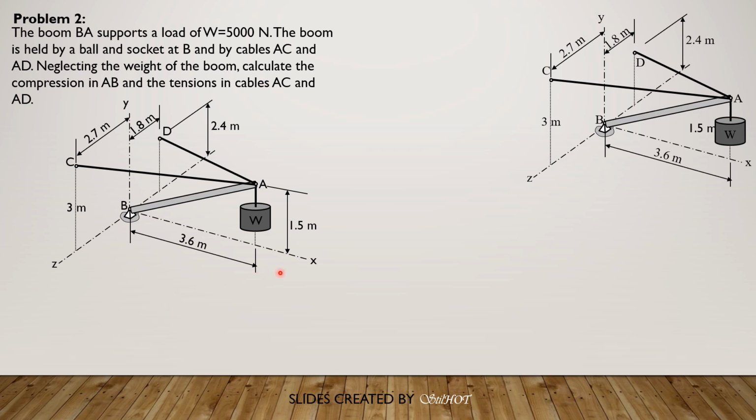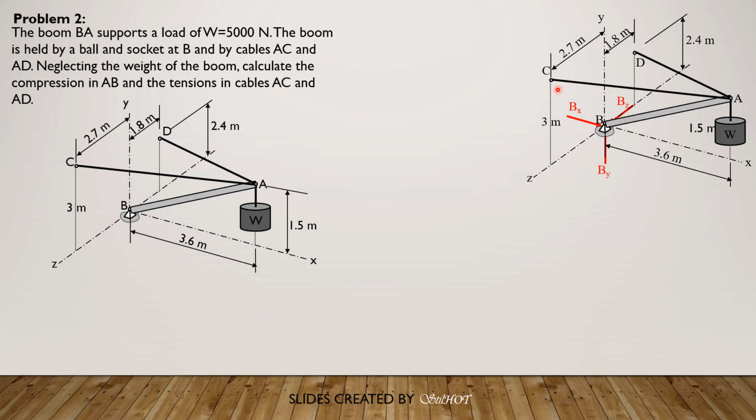So let's apply the reaction forces and the components of the tension especially. These are the components of the reactions at B. And remember that BA is a two-force body because the weight of the boom BA is neglected in this problem or not given.